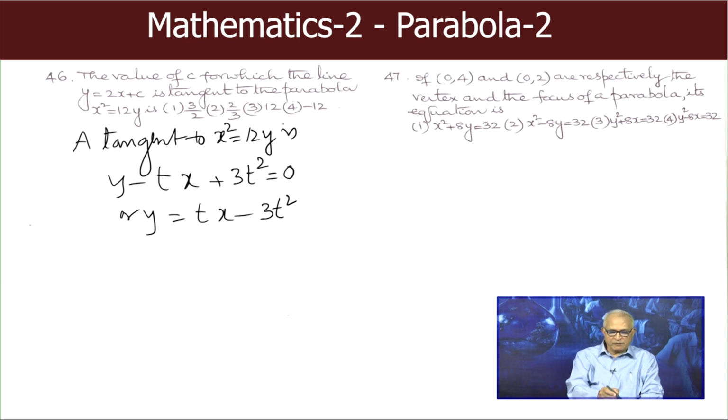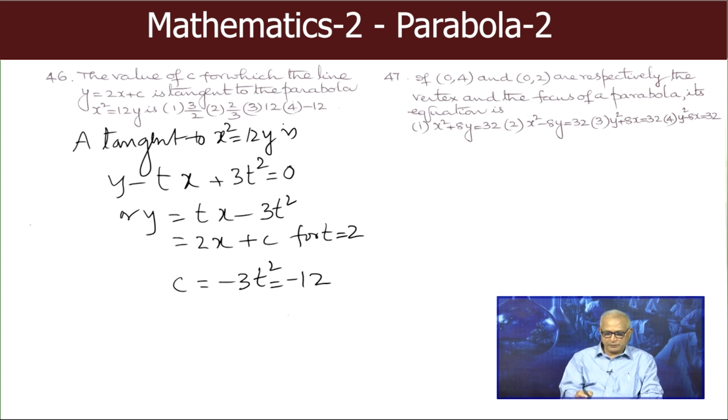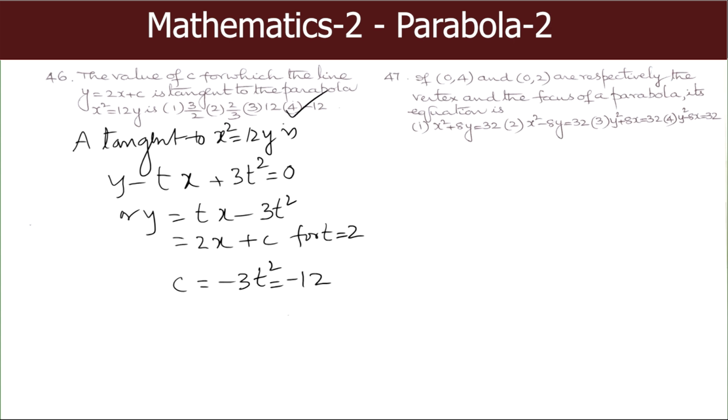This is the form y equal to 2x plus c for t equal to 2. Therefore, c equal to minus 3t square, that is equal to minus 12. Simple question. Ante ikkada parabola x square equal to 12y ichcharu, anthaku thappinchi emi ledu, otherwise everything is a routine working.